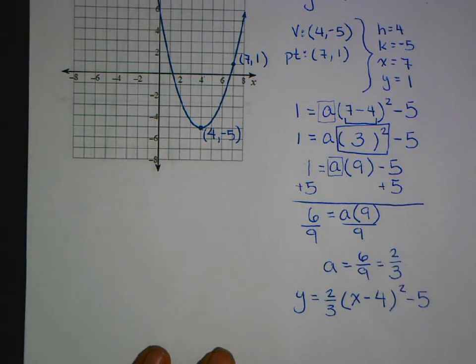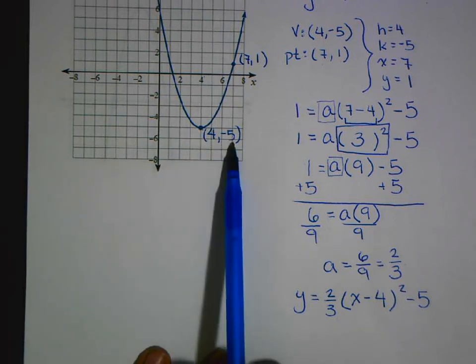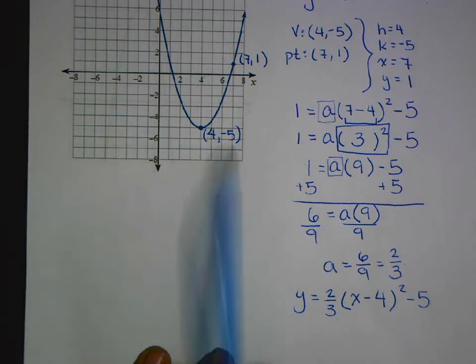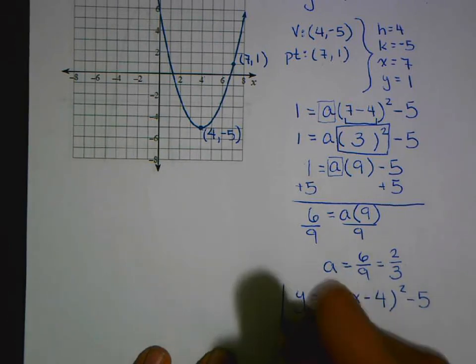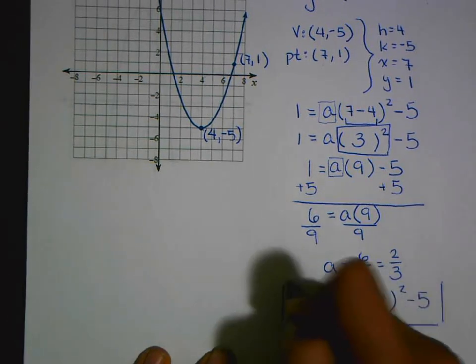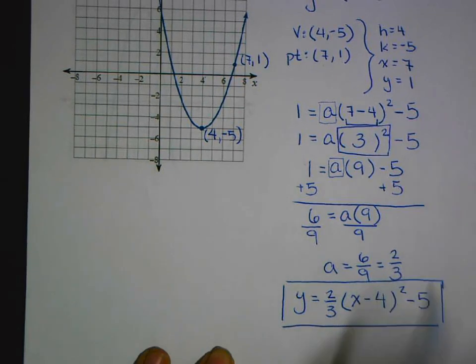The reason why I still plug in 4 comma negative 5 for my vertex in the equation is because there's only one vertex. That 4 comma negative 5 will never change. So my final equation is y equals 2/3 times the quantity of x minus 4 squared minus 5. That equation describes my graph.